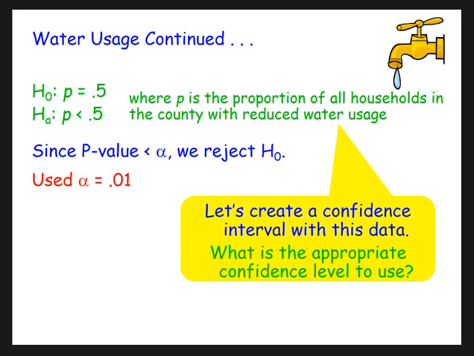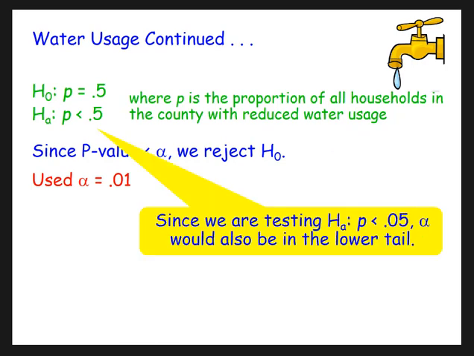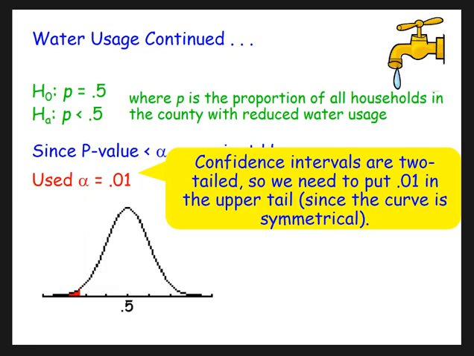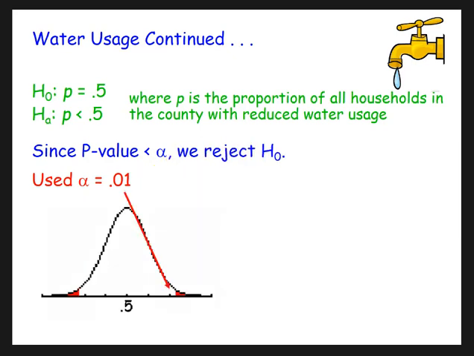So let's go back to this sample data and create a confidence interval based on it. We mentioned last week that confidence intervals and hypothesis tests are really tightly bound together. We're making the assumption that the population proportion is 0.5, but our sample data gives us a proportion of 0.44.